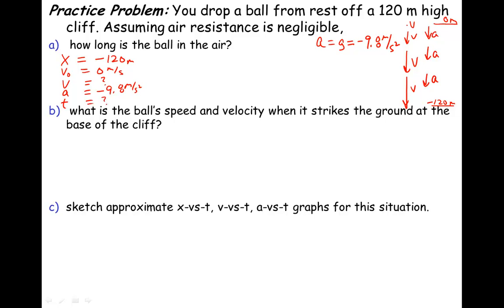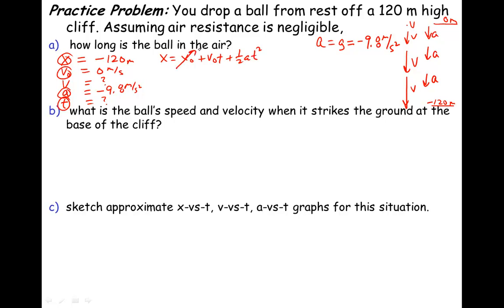So remember, as part of our strategy, we circle the variables that we know. We know these three variables, and we're looking for how long it's in the air, so that's time. So the equation that has all four of these variables would be this one here. x is equal to x initial plus v initial t plus 1/2 at squared.